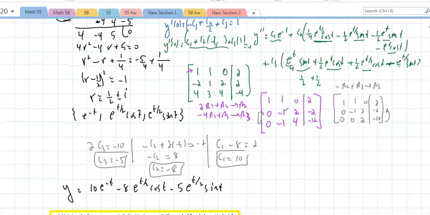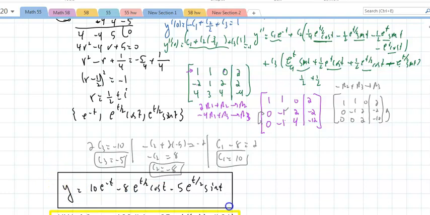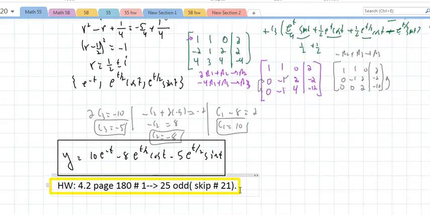That would be my explicit solution. And there's your homework.